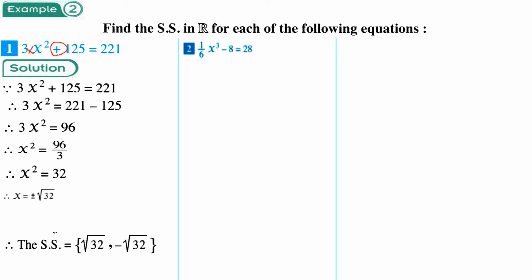The second one, 1 over 6 x power 3 minus 8 equals 28. I'll give you 10 seconds to solve it.